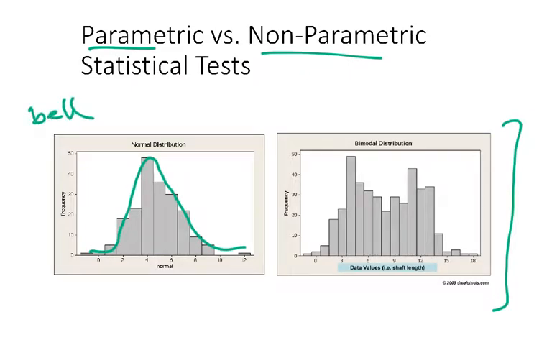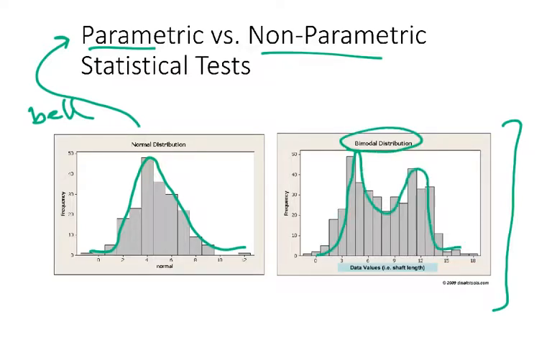And if you have a normal distribution, that means that you can run a parametric test. So when we talked about ANOVA a couple weeks ago, one of the requirements for being able to run an ANOVA is that you have a normal distribution of your data. If you have something on the right that looks like not a bell-shaped curve, but maybe has two different humps in the distribution, a bimodal distribution, so bi meaning two, two modes here, two peaks.